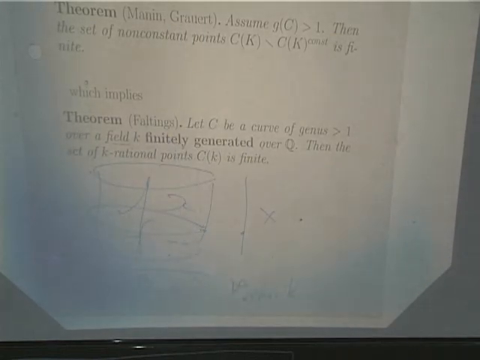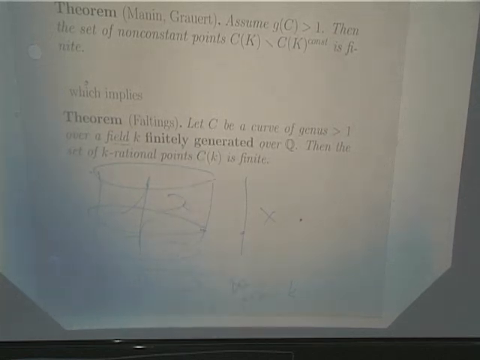So you can combine this easily, and that's an exercise. I still call it Faltings' theorem, and I would not be surprised if Faltings actually mentions it in one of his papers, but it doesn't matter.